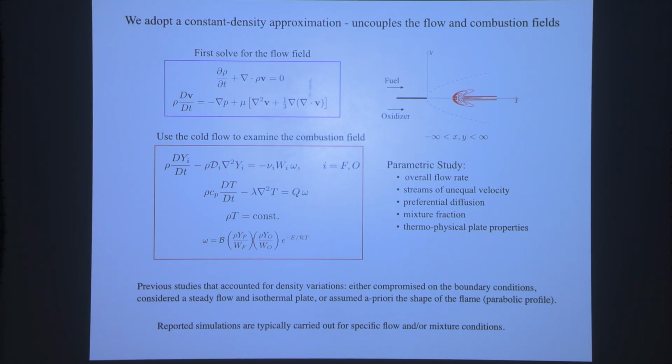Okay, now when I say previous studies have compromised, the reason is it's not a very straightforward problem, because I cannot prescribe conditions at the tip of the splitter plate for the fuel and oxidizer. The equations are elliptic, the Navier-Stokes, and so you have upstream diffusion, okay?